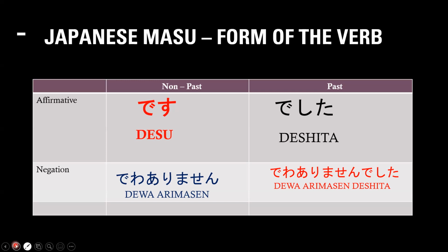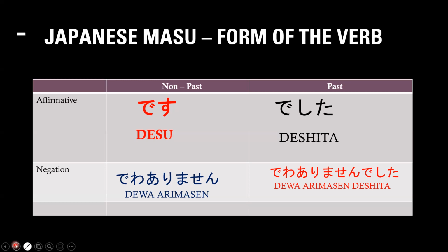It's an action of negative, but it's committed in the past. For example, let's try. Watashi wa bengoshi dewa arimasendeshita. So, I didn't become a lawyer. Parang nag-try ka pero hindi ka naging lawyer. Let's say, nag-try ka mag-aral ng law pero hindi ka naging abogado, bumagsak ka sa bar exam. So, some sort of like that, no?